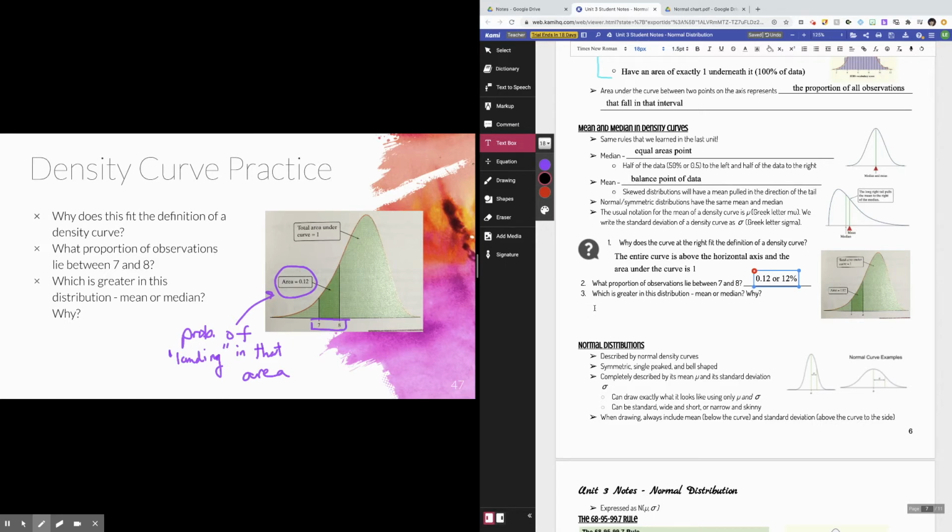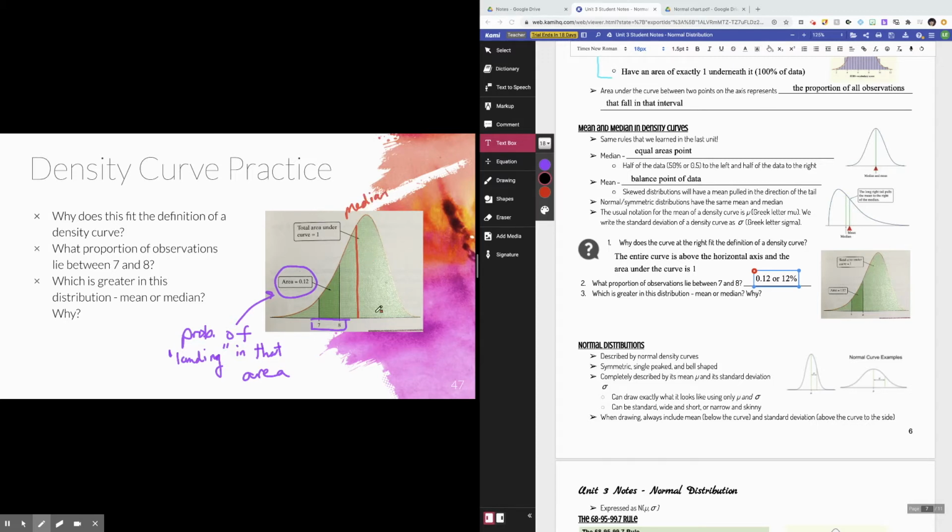Okay, then the last question here is, which of these is greater, the mean or the median? Okay, so in order to figure that out, we have to look at the skew, right? So I would say the mean is probably about here in red. Okay, that's probably where the median is, or close enough, right?